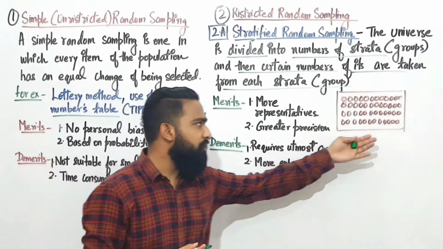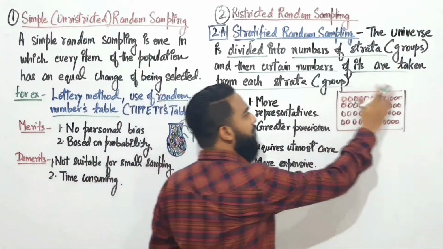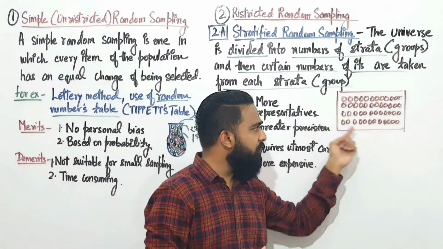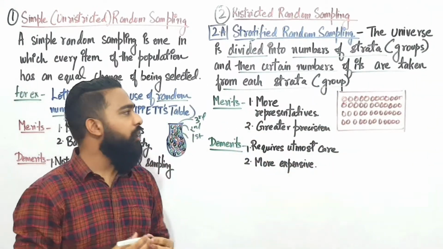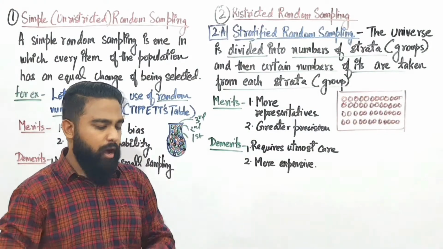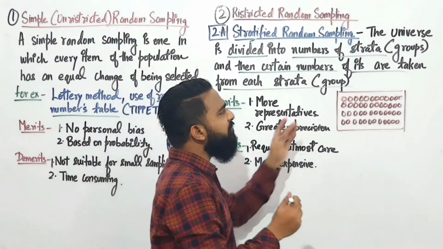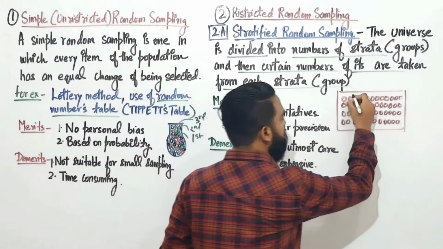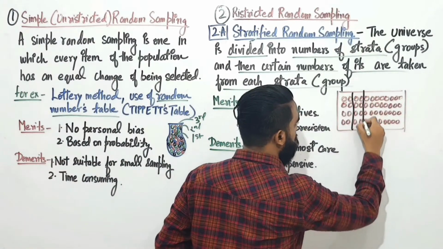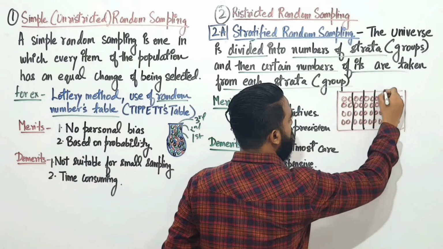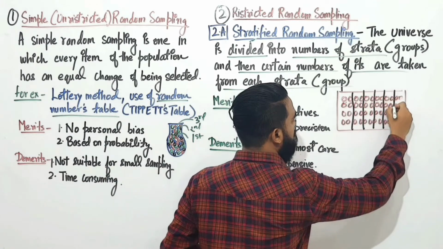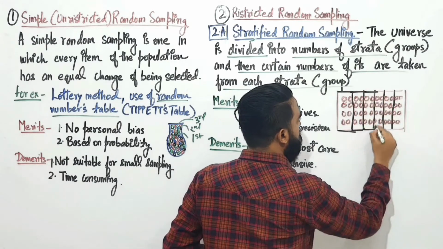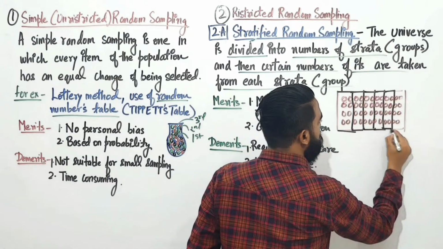Let's understand it with an example. Suppose this is my area of investigation, the universe in which there are these numbers of items. Now, I will divide them into a few groups. Suppose I have divided them into groups of 8 and 8, each group having 8 elements of the universe.